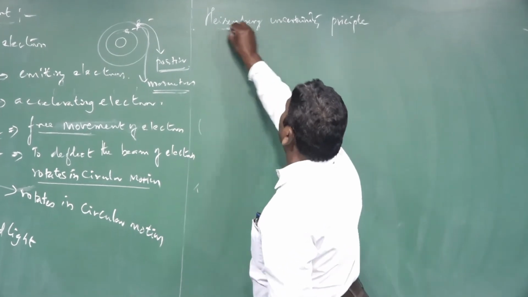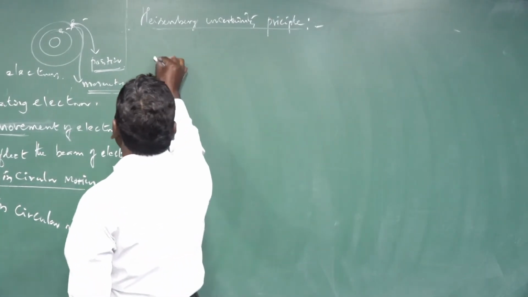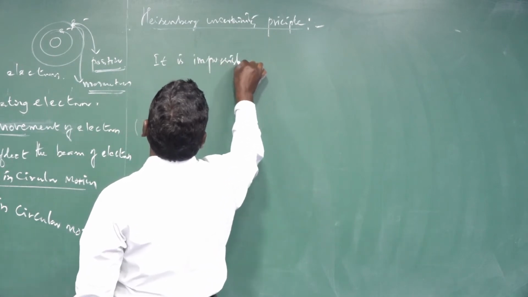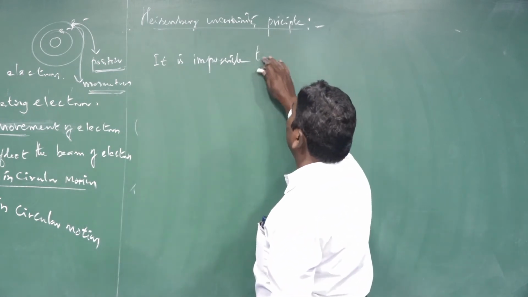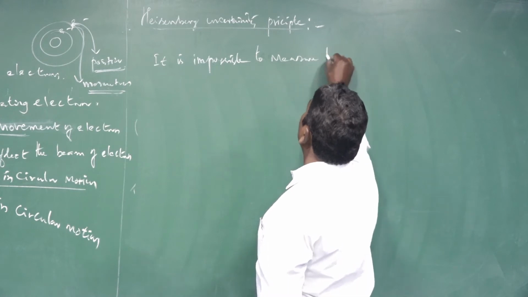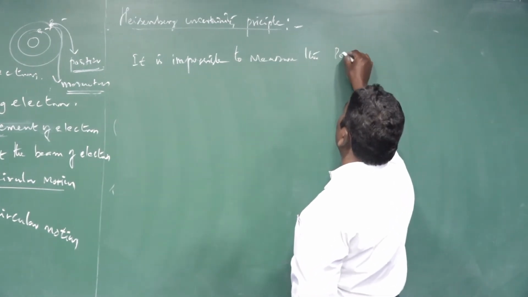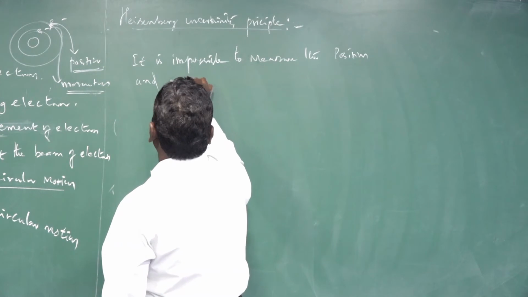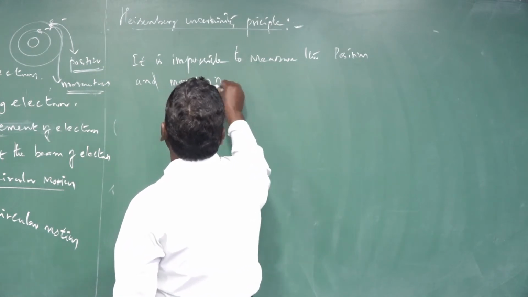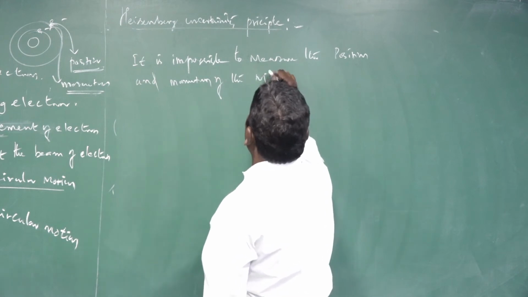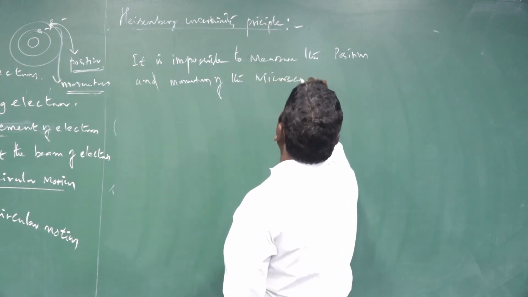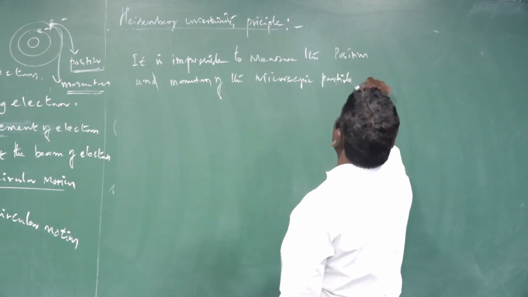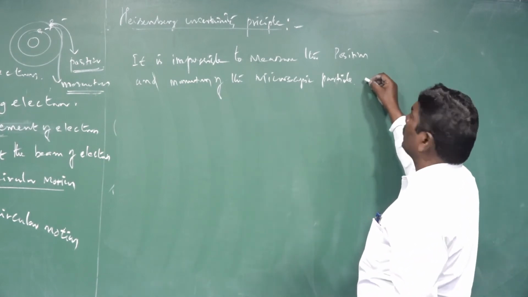Uncertainty principle: what is stated? It is impossible to measure the position and momentum of microscopic particles.